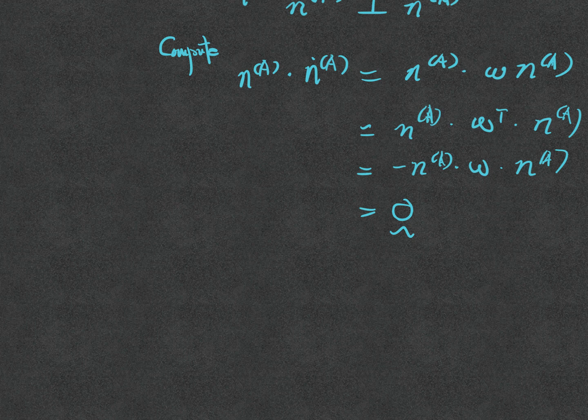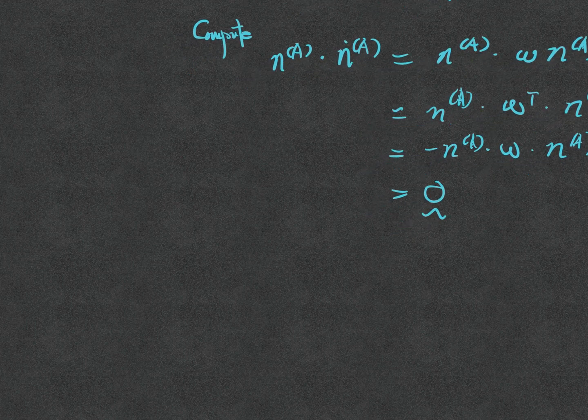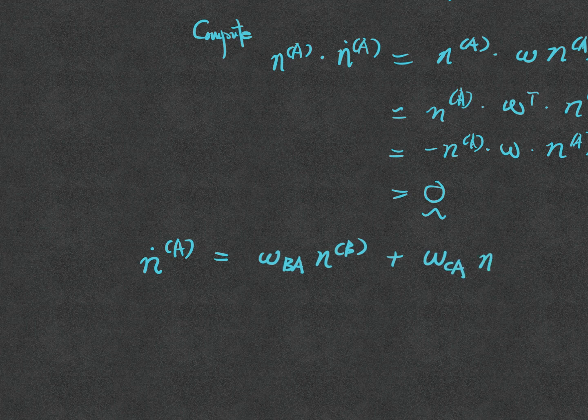Now, there are implications to that. So there's an N dot A, and if I write it in the spin terms, I'll have WBA NB plus WCA NC, and that is equal to the summation over B not equal to A of WBA NB.